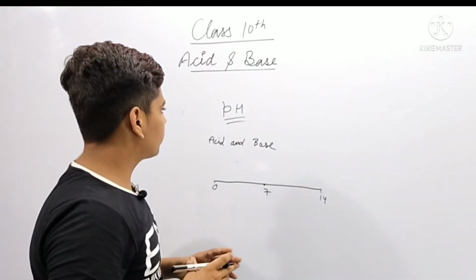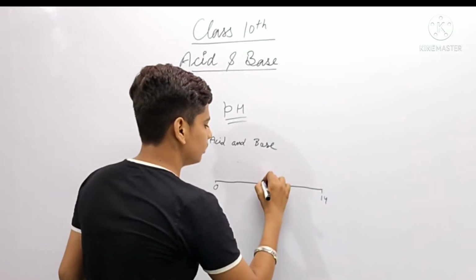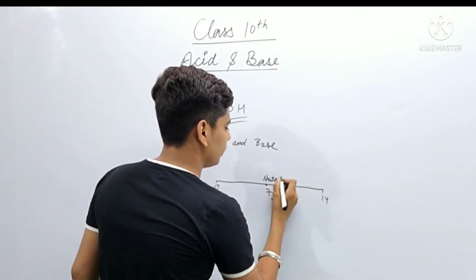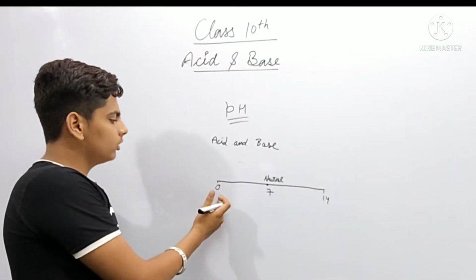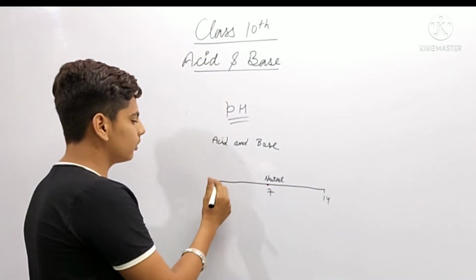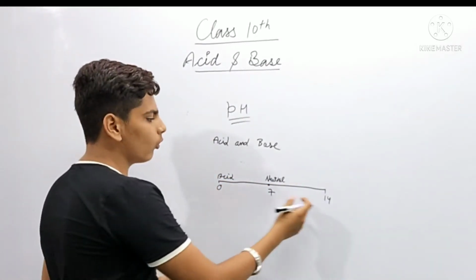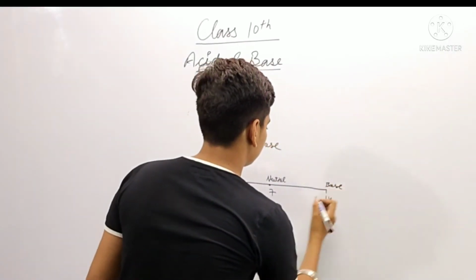When the substance's pH value is 7, it is neutral. When we go 7 to 0, it is acid. And when we go 7 to 14, it is base.